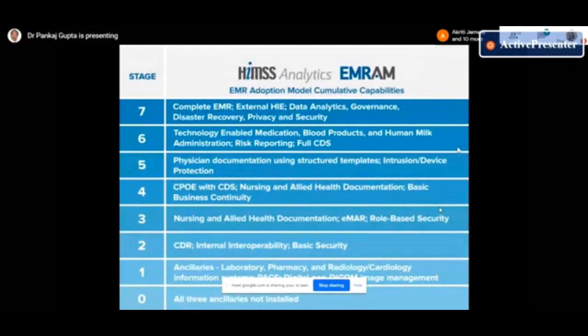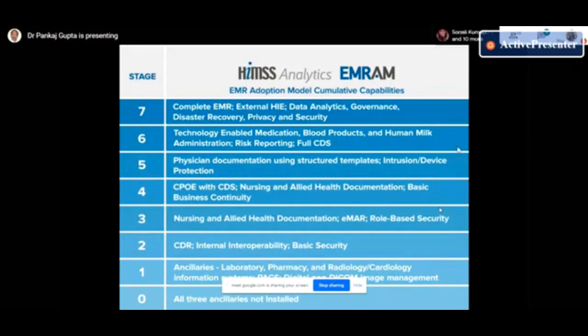HIMSS Analytics. So this is your EMRAM model. It's been talked about a lot, and a lot of people rally behind it. HIMSS is the Healthcare Information and Management Systems Society. It's a very well regarded healthcare IT body in the US, and they came out with this model.